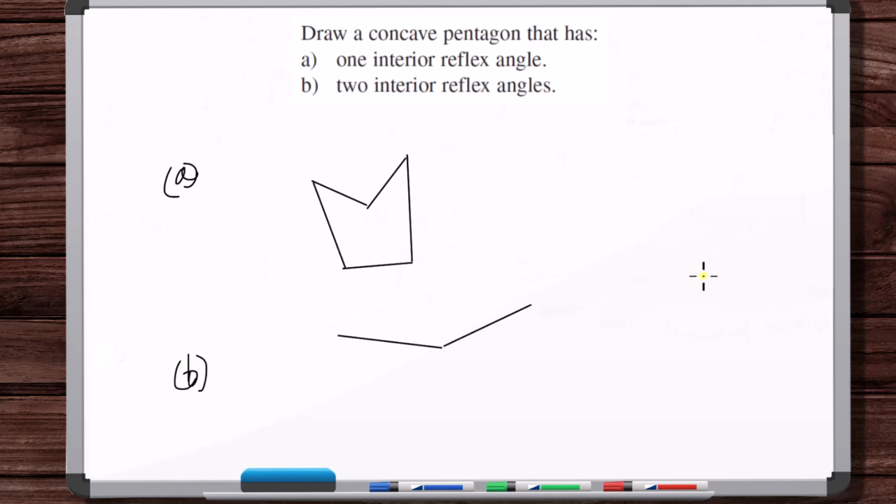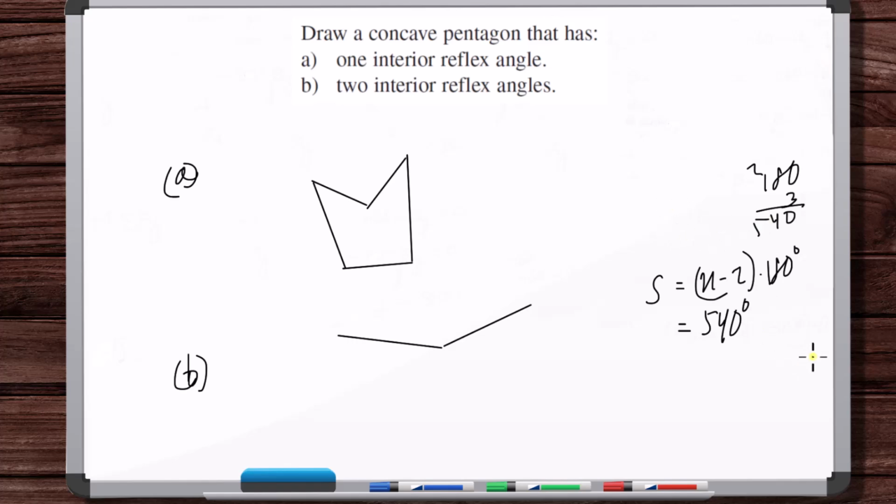The sum of the interior angles of a pentagon is n minus 2 times 180, that's 3 times 180, 540. Reflex angles are going to be greater than 180.